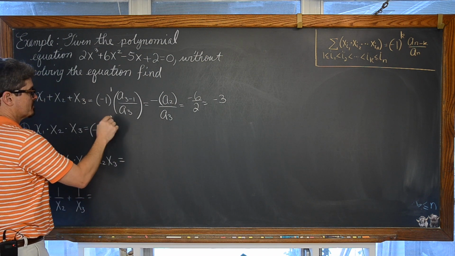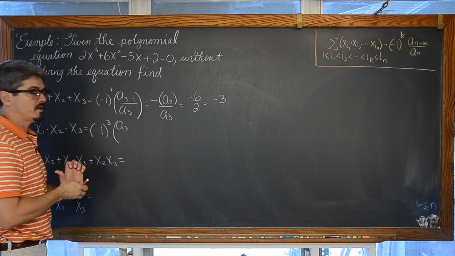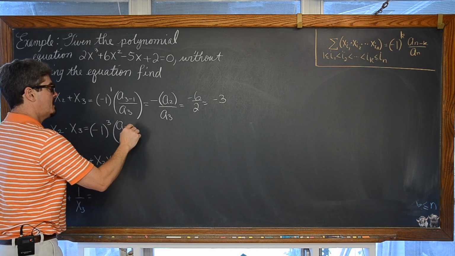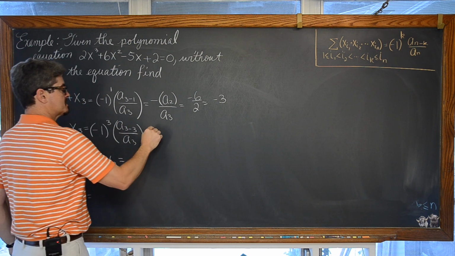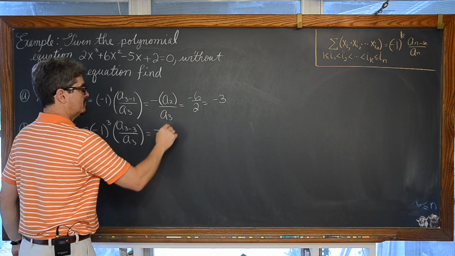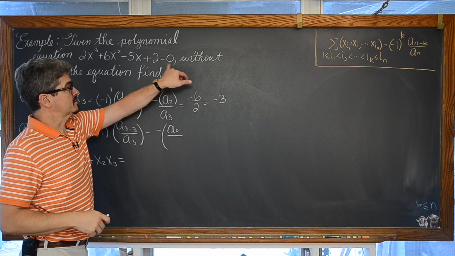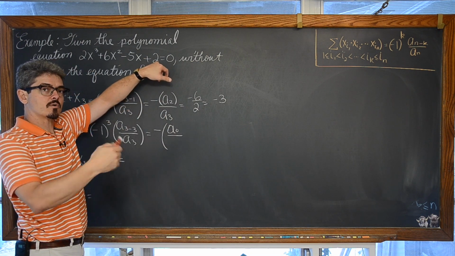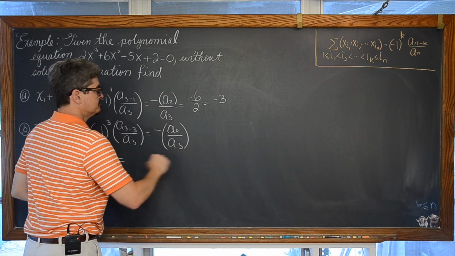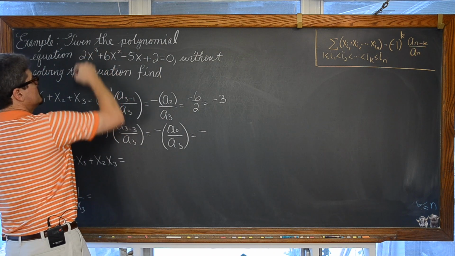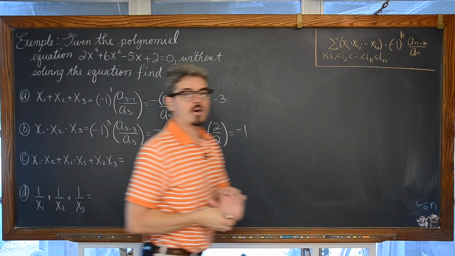So it's going to be negative 1 to the third power times a sub 3, again that degree of our polynomial, minus k, which is 3, over a sub 3. Or in other words, it's the opposite of a sub 0, which we call our constant in general terms, or you saw it as c with our quadratic and d with our cubic function, over a sub 3. So we're looking at the opposite of 2 over 2, which is equal to negative 1.